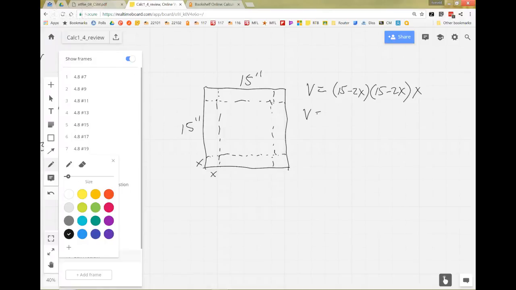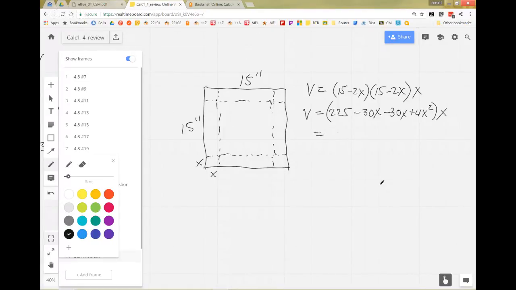Okay, so let's multiply. 15 times 15 is 225. 15 times negative 2x is negative 30x. Another negative 30x is you take negative 2x times 15. And negative 2x times negative 2x is positive 4x squared. And all of that's still multiplied by x.